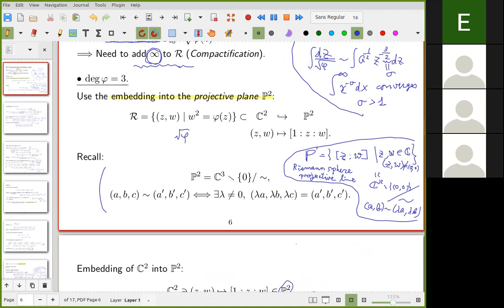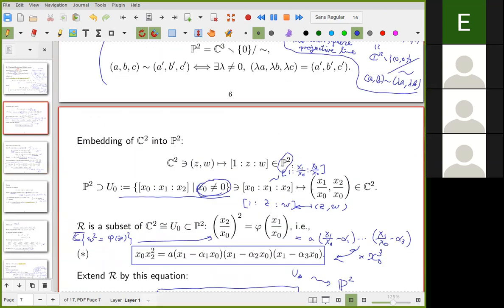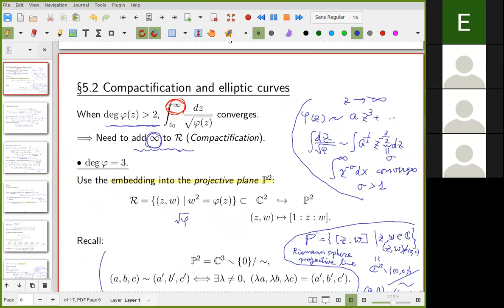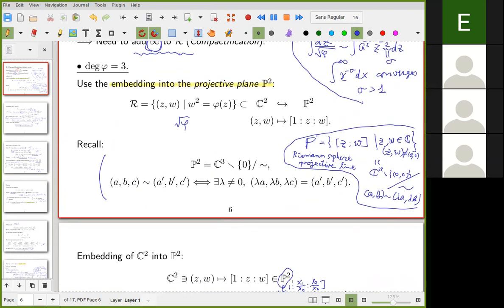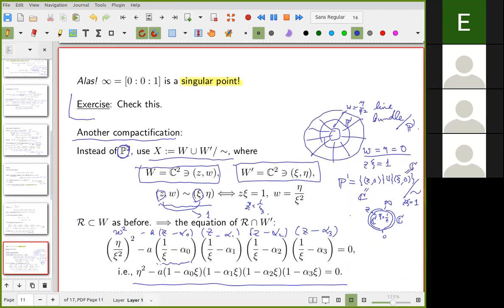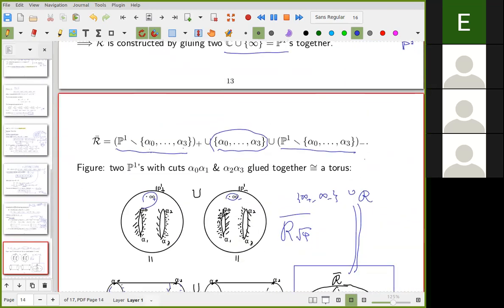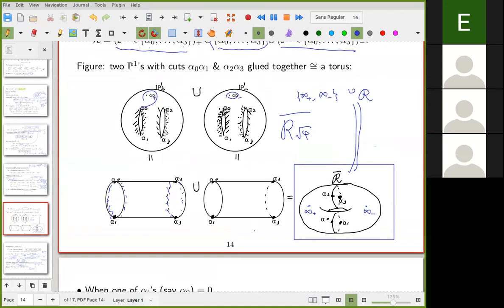I could have started from this non-singular compactification, but what is most important afterwards is this thing: we are gluing two P1s along two cuts.